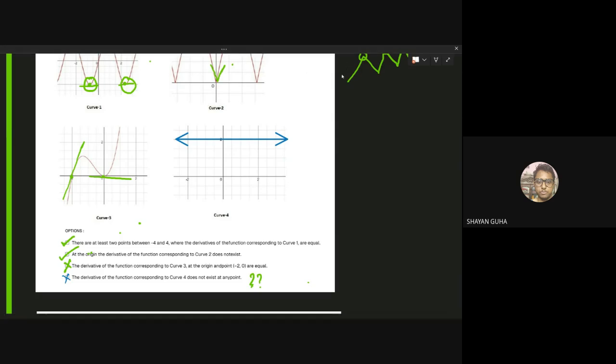If the curve was perpendicular to the x-axis, let's say the curve was like this, then the derivative of this particular curve doesn't exist. For this one, it's actually 0. So the fourth option is also wrong.